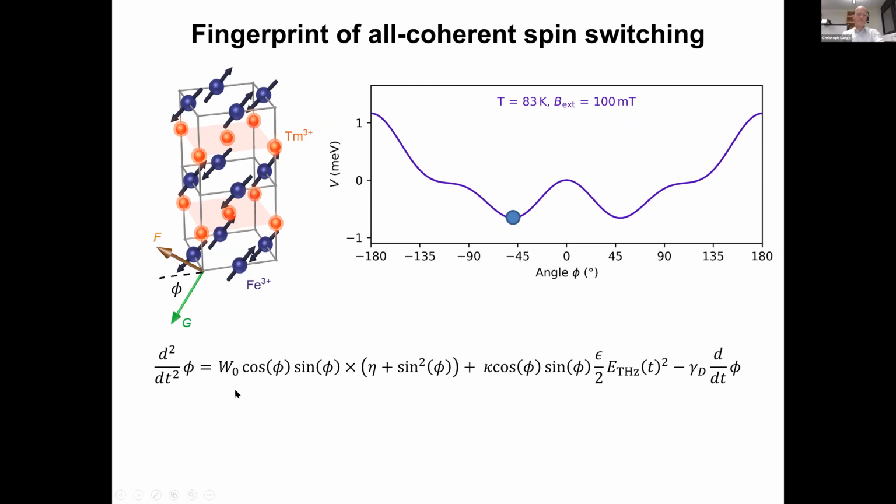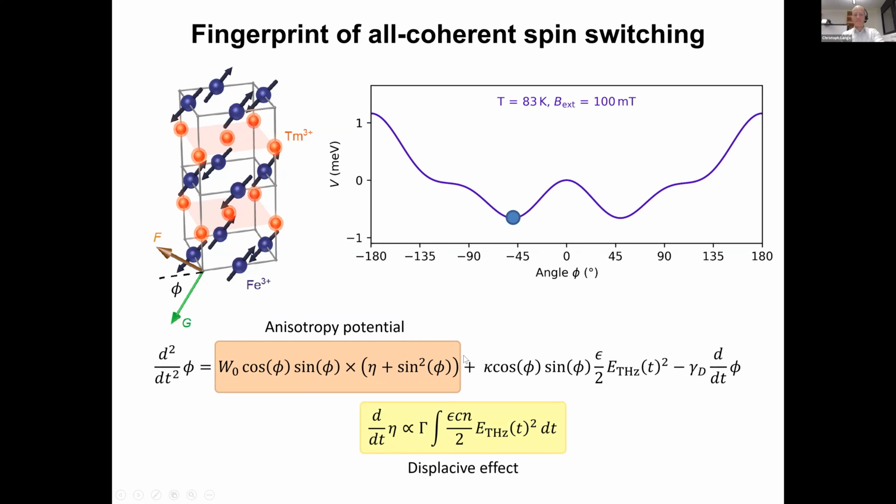I'll just very briefly walk you through the equation we have here, the time evolution of this spin orientation angle, and it contains on the right-hand side the anisotropy potential. That's just the curve you are seeing here. And then in this particular case, we have included the effect of the terahertz field by a term that collects, so to say, the total integrated number of absorbed terahertz photons, if you like, and accordingly changes the potential in reaction to this excitation.